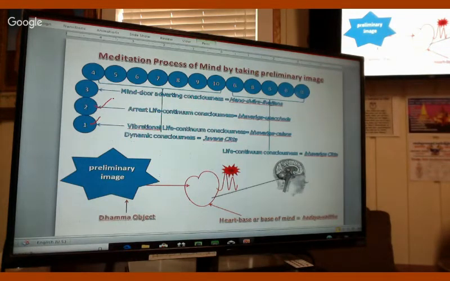At that time, there is completely no dvara vajjana, mind-door adverting consciousness. It doesn't even go to the five sense doors, the Pancadvara. It goes directly to the point.